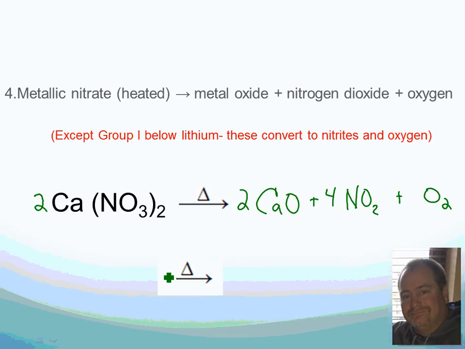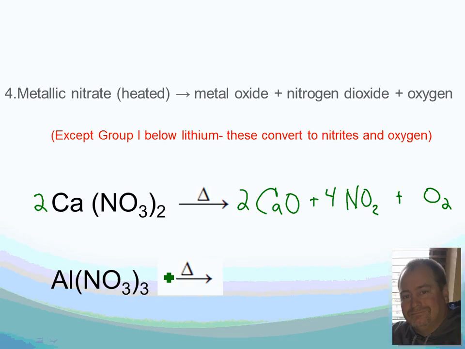Now I need to go back through and look at my oxygens. 3 times 2 is 6 times 2 is 12. Here is 8, 9, 10, 11, 12. That did it. So once again, the balancing can be trial and error. We tried, it didn't work. We went back again.